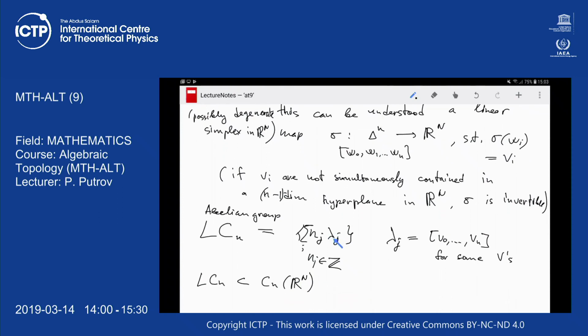Because each element here, each generator here, can be understood as a linear map from delta M to Rn. Just a special map which is linear.